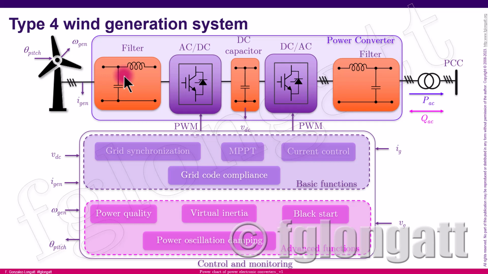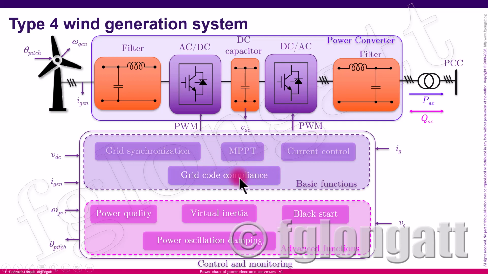For instance, on the basic functionalities, of course, you can identify that we have the MPPT, or the maximum power point tracking. That is a classical functionality that you will find in any modern variable speed wind turbine. But you also have the current control, the grid synchronization, and the grid code compliance.